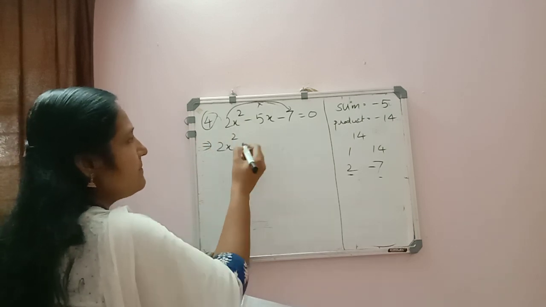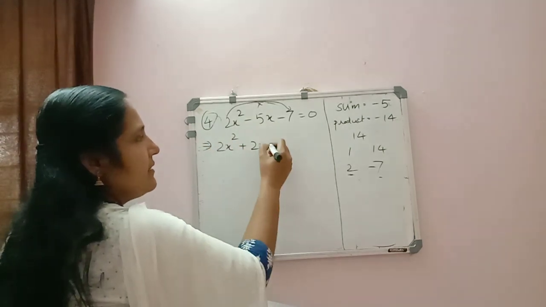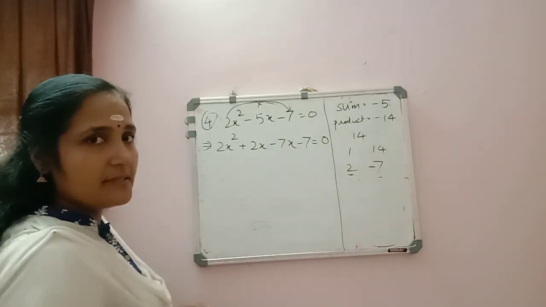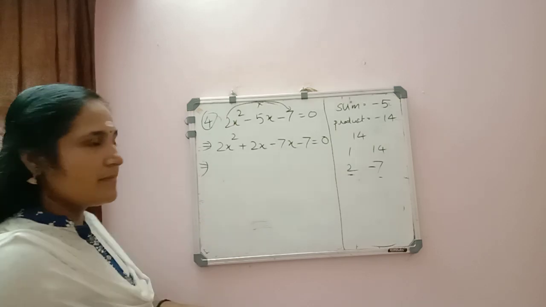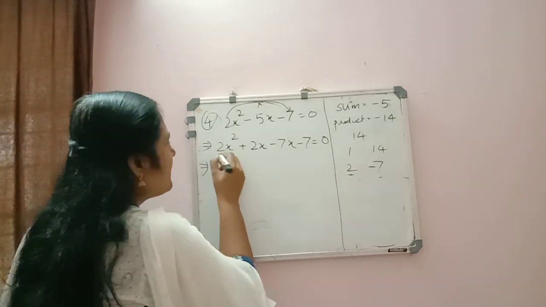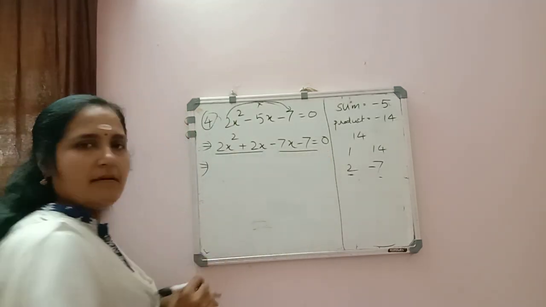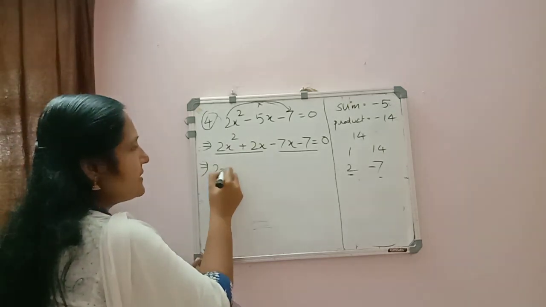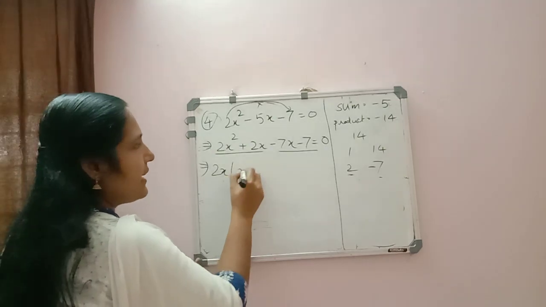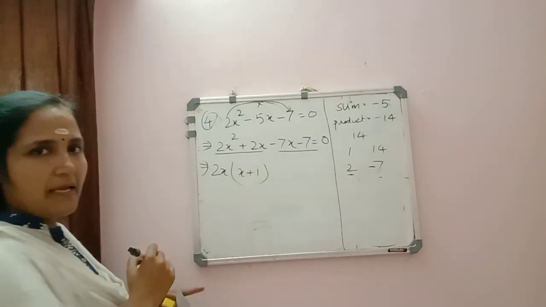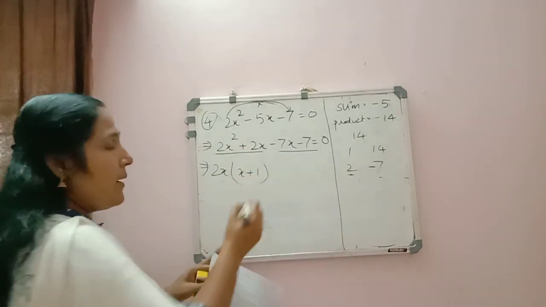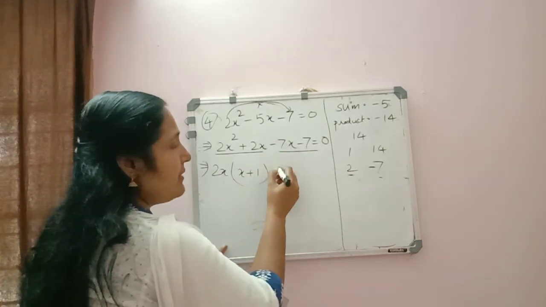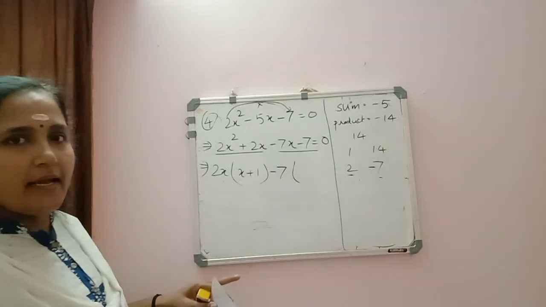2x square plus 2x minus 7x minus 7 equal to 0. Common factor, as we can check, 2x is the common factor. So inside the bracket it will be x plus 1. From these two, minus 7. Both are negative. That's why we'll take minus 7 common. Minus 7 taken outside.